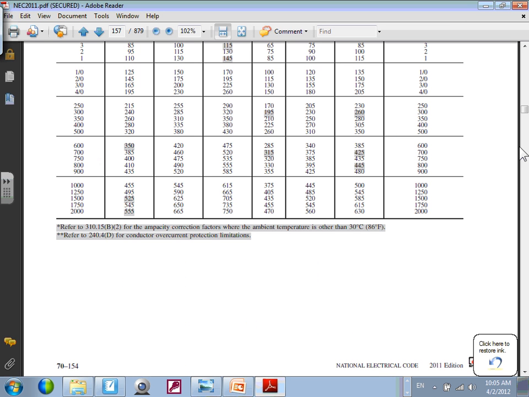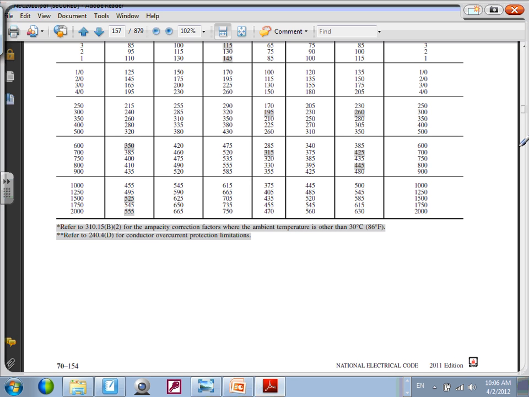The bottom of this table refers you to two things. Number one is the small conductor overcurrent protection, which tells you don't overload them, and it also refers you to the derating table. Can you guys see which derating table it refers you to? Like you said, which table am I supposed to go to? If you are using this table, you're stuck with the 30.